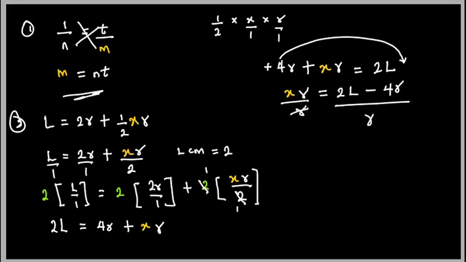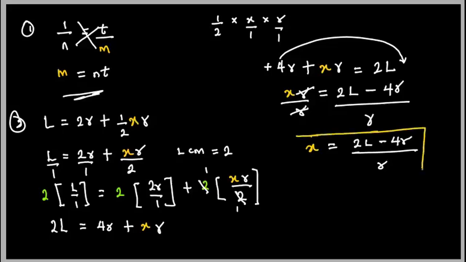So that r cancels r, and I have the x visible. x is now equal to 2l minus 4r over r. So this is my answer for x.